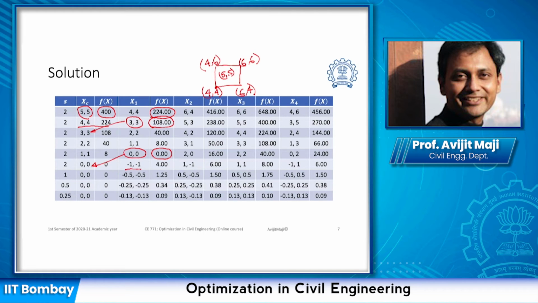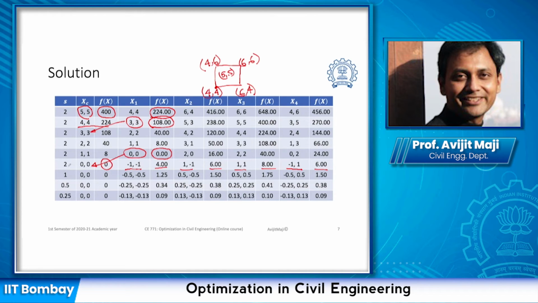These are -1, -1, 1, -1, 1, 1, and -1, 1. For all these 4 corners, we see that the objective function values are higher than the objective function value at the center. So at this stage, we need to reduce the step size.